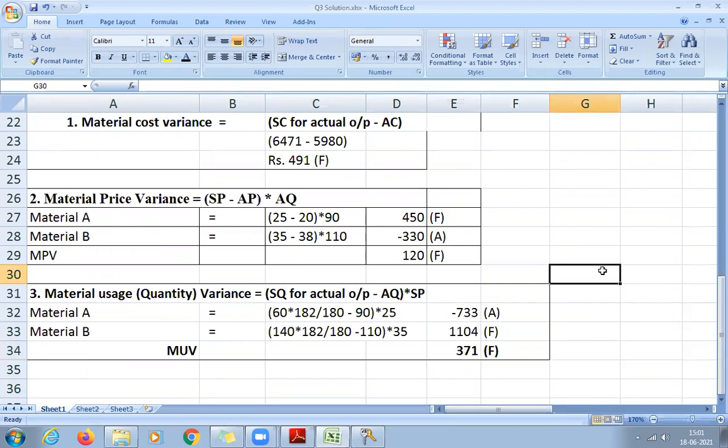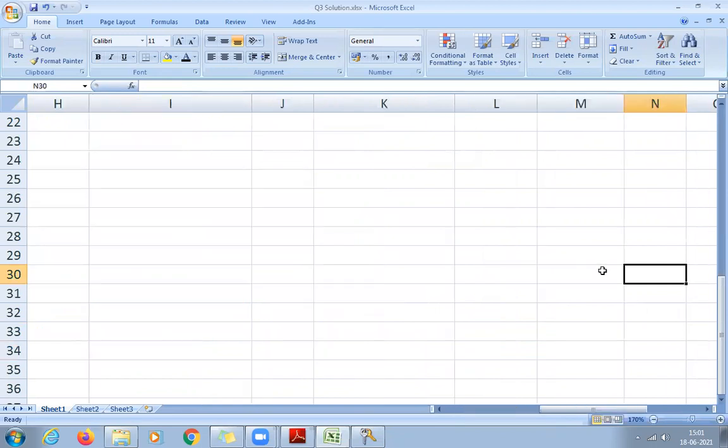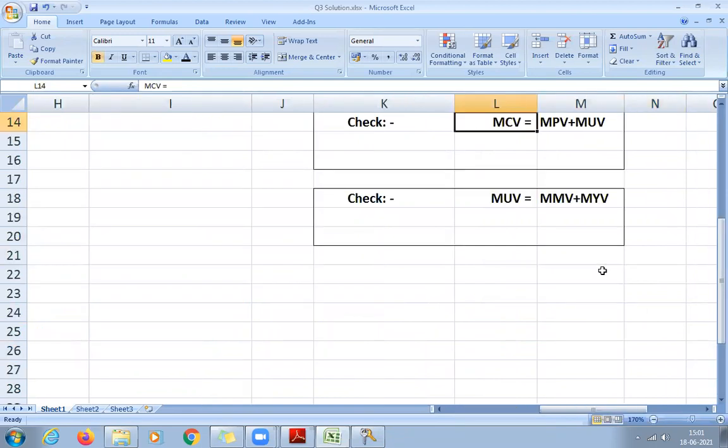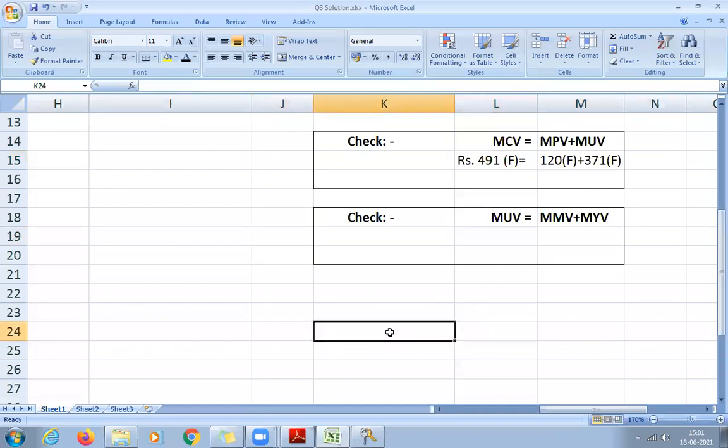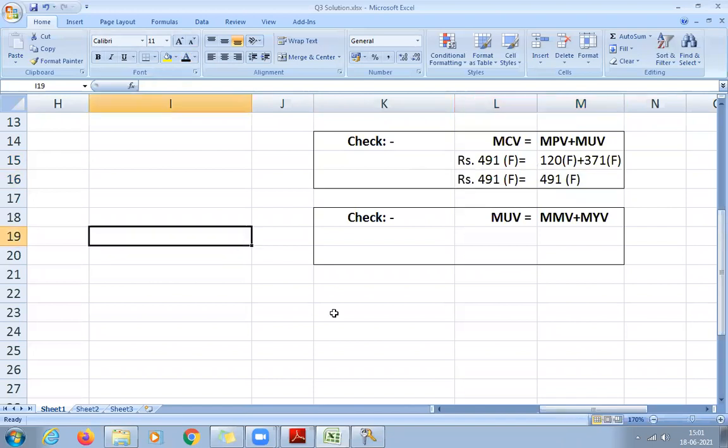Let's see whether it comes out right. Correct, same answer. So 491 is the material cost variance, 120 F is the price variance, and 371 is the usage variance. When you add, the left hand side should equal the right hand side. Check. Same, 491. That means whatever you have done is correct.